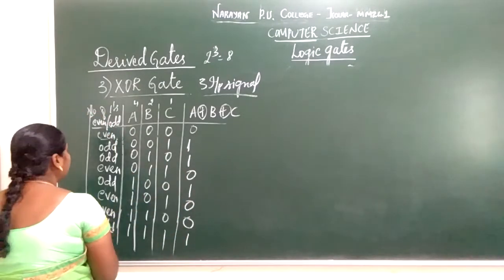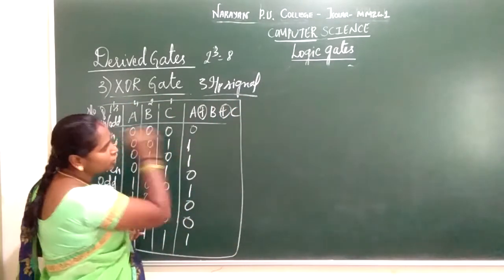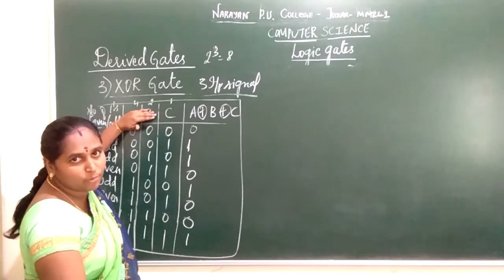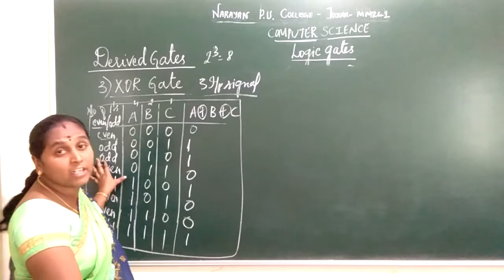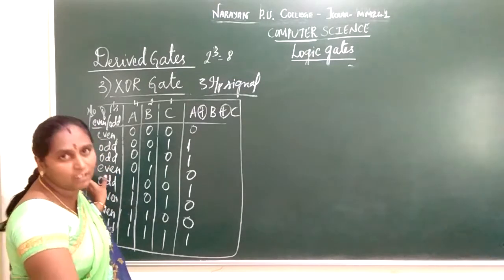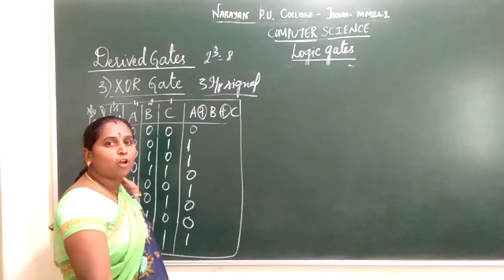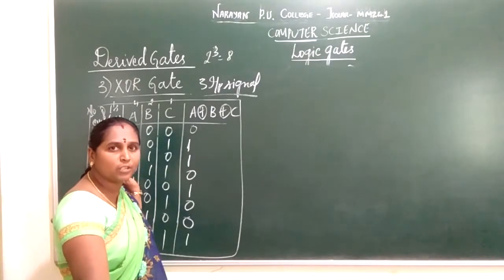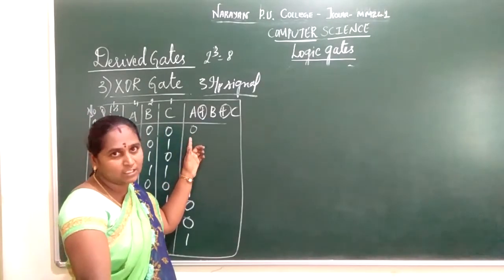So this is how we represent the exclusive OR gate with the help of a truth table. For 2 inputs we have discussed, and next we have discussed 3 input signals. If you have an even number of ones, the output will be low, that is 0. Even if all possible inputs have a low voltage, the output is 0.